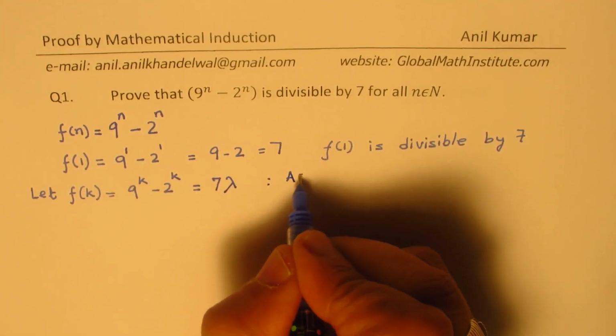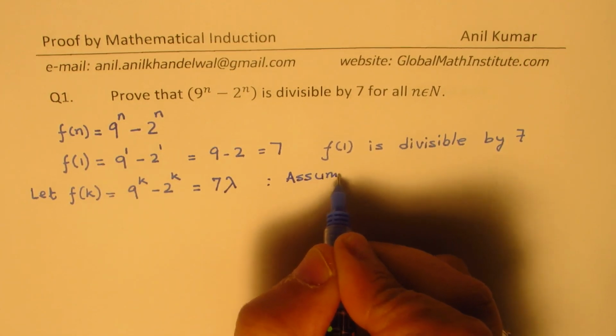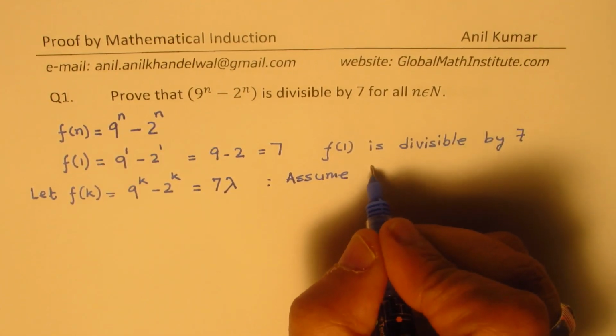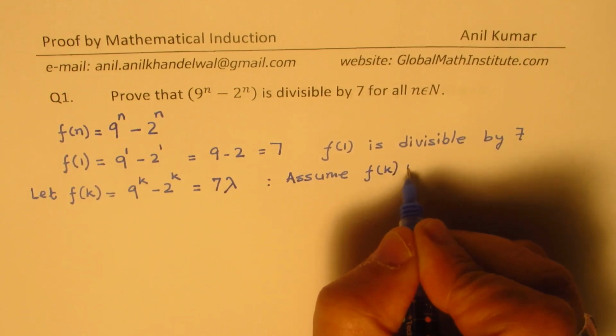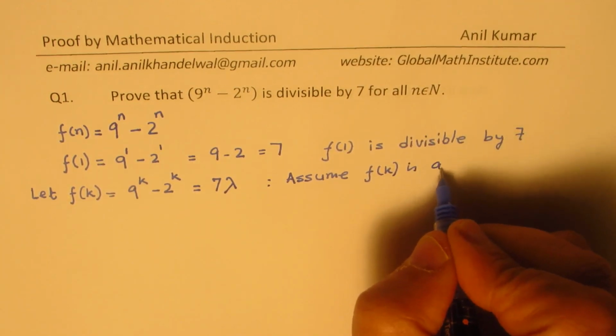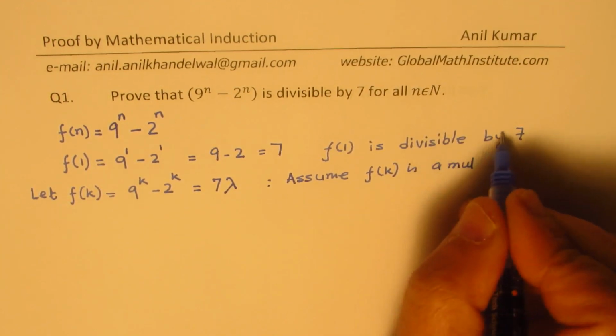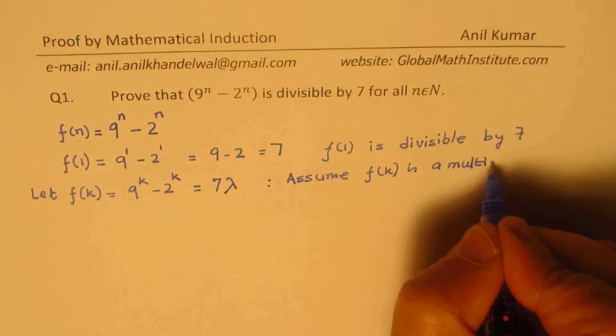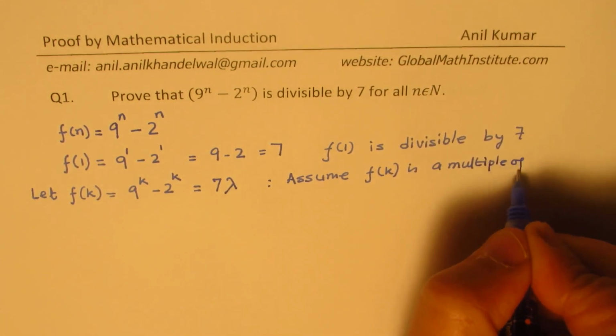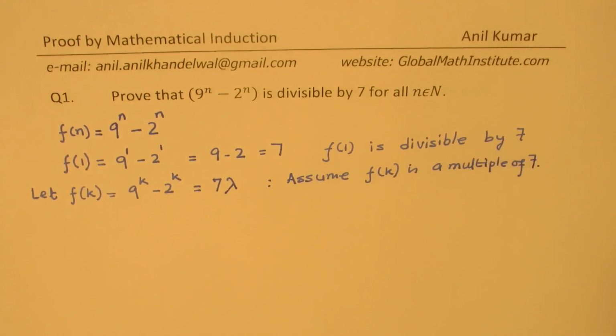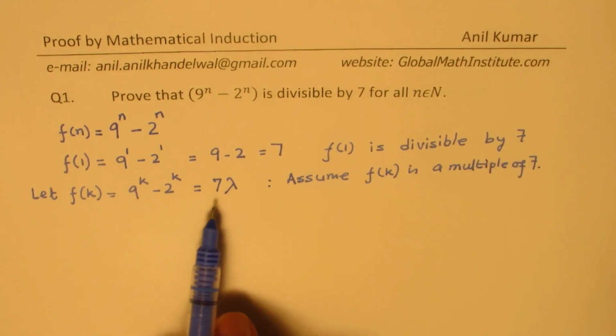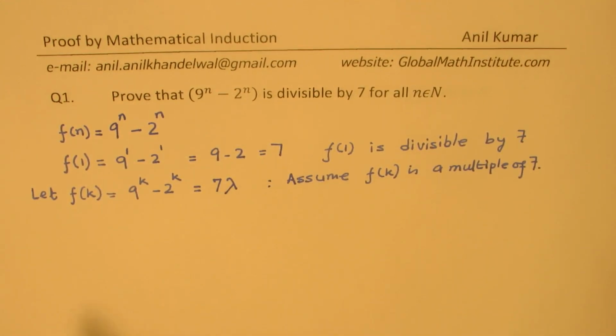Here we have assumed f of k is a multiple of 7. Clear? Okay. So if it is a multiple, you can write this as 7 times something. We're using lambda, right? 7 times lambda.